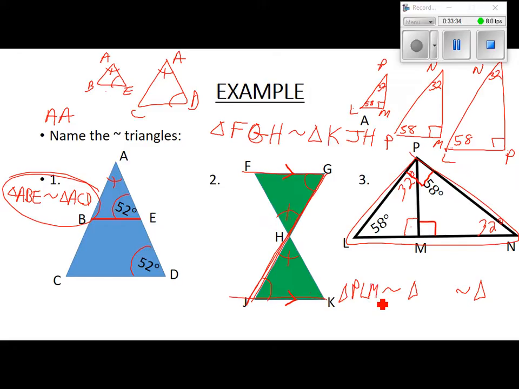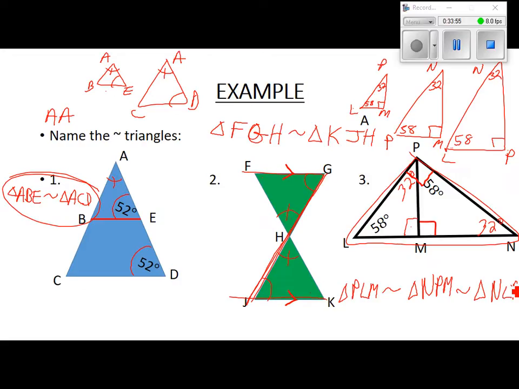Is it going to be easier to match them up now? Yeah. What's the P in this triangle match up to in this second triangle? N. What's the L match up to? P. And what's the M match up to? M. That worked there. How about the third one? N, LP. Everybody agree with that?